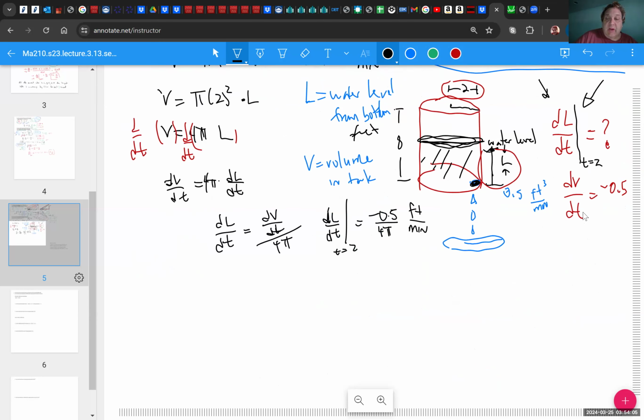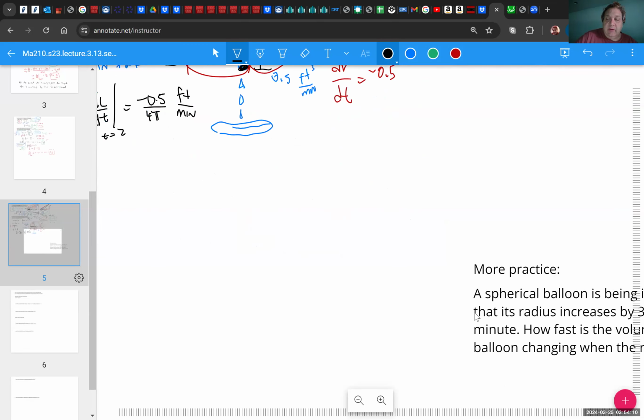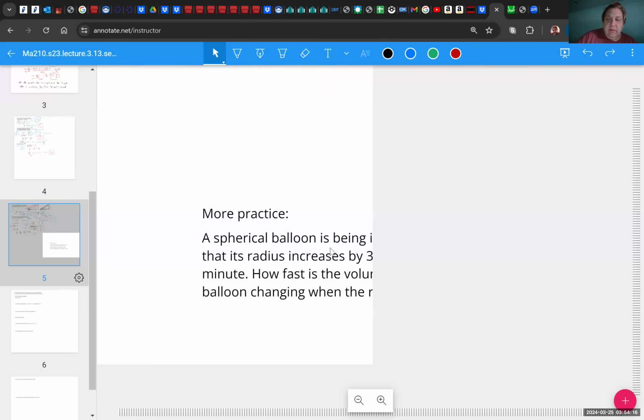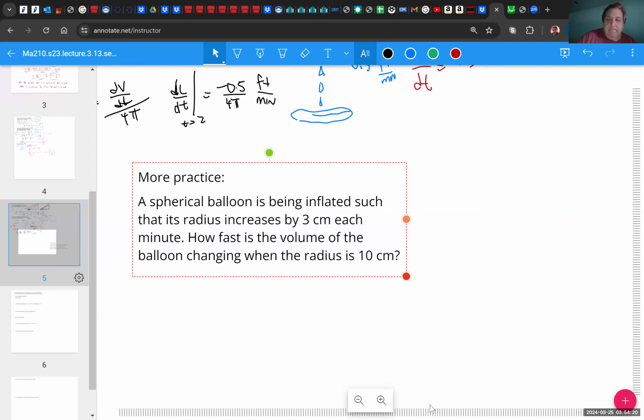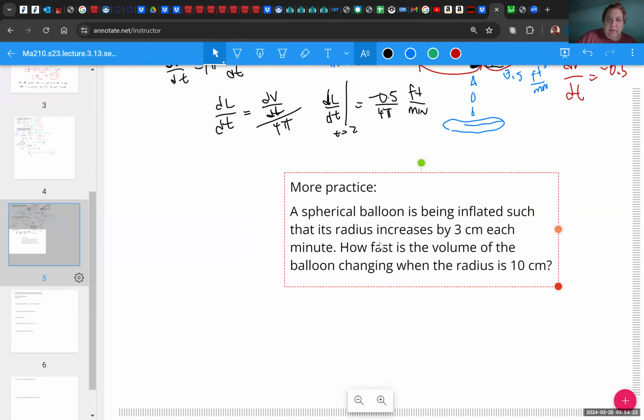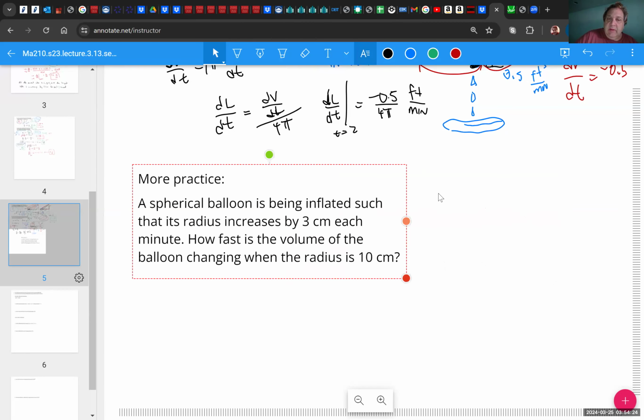All right, I do have a bonus problem if you want to try a bonus problem. I did come up with a bonus problem, which is talking about a spherical balloon.